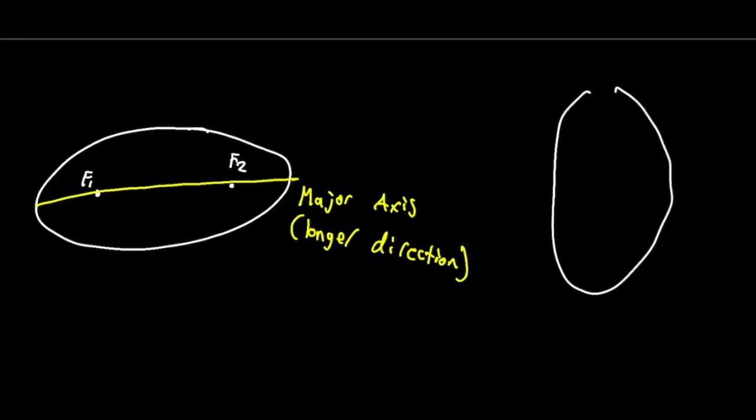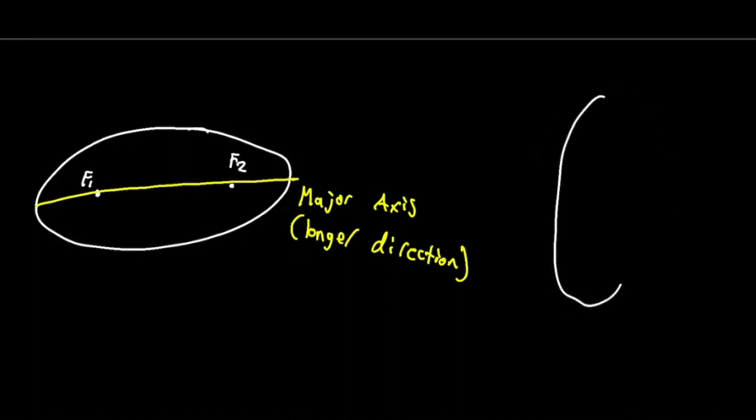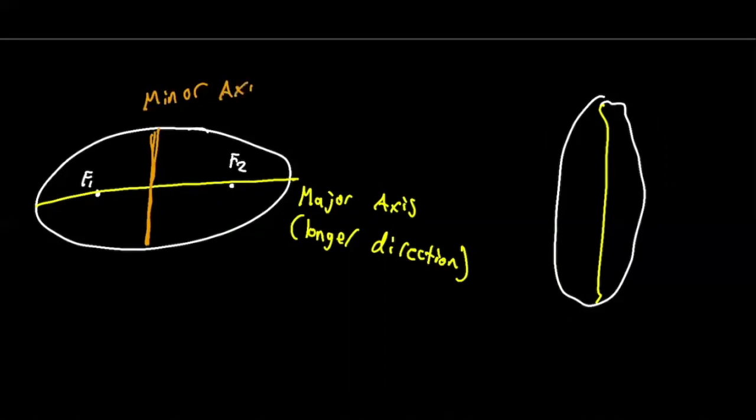Something like this, then our major axis would be up and down here. The other axis, so perpendicular to that, in this case up and down, is what we call the minor axis. And this is our shorter direction. So the minor axis to the right would be this axis here.